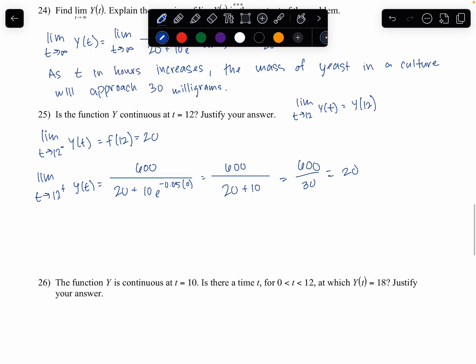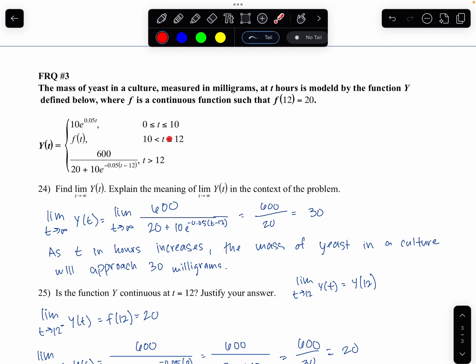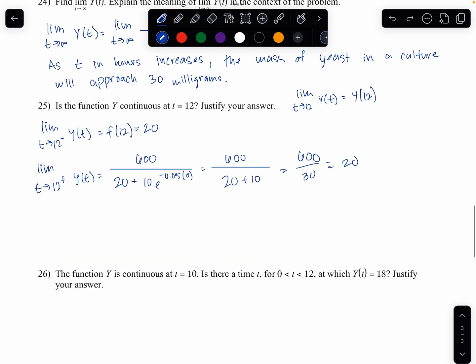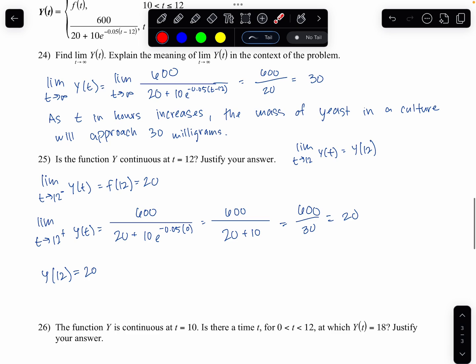Perfect. And I should also say y of 12 is also equal to 20, because we just showed it.